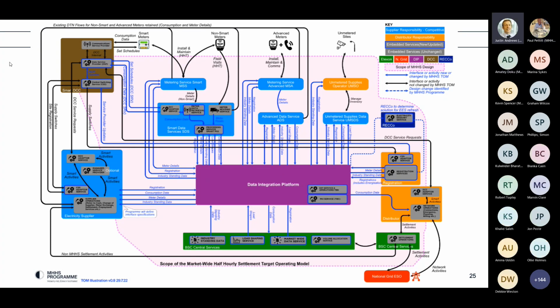So the current BSC or settlement or SEC or REC describes what it is now, and that's in effect replaced from a design perspective with the target operating model, and will manifest itself in changes to the current industry code documentation. Supplier volume allocation doesn't replace, say, the imbalance price calculation or other things not touched by market-wide half-hourly settlement.